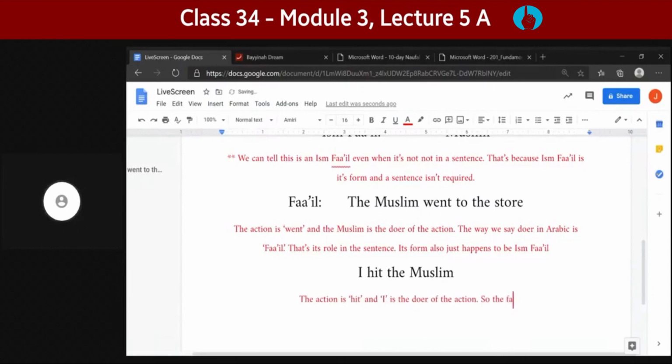So the fa'il in this sentence, I'm going to keep that part in Arabic so it's easy to point out.